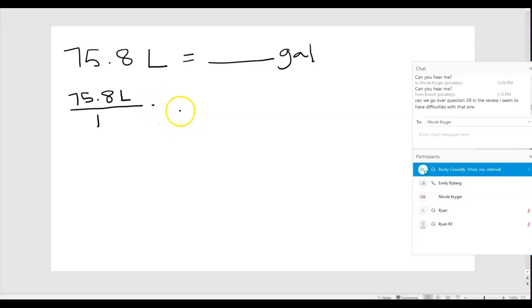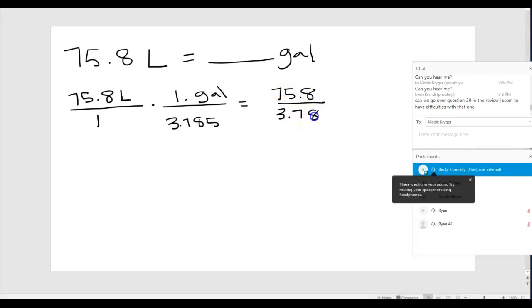Do you have conversions right there in front of you that you can see? It'll tell you where to round to, so let's round to the nearest tenth.